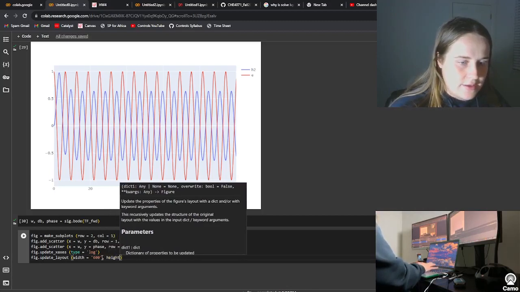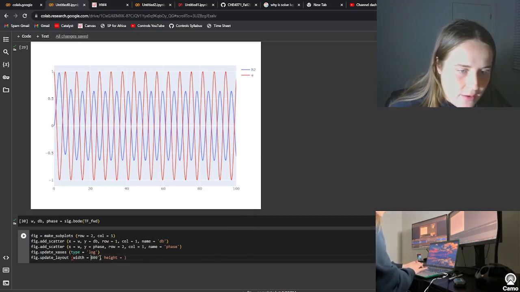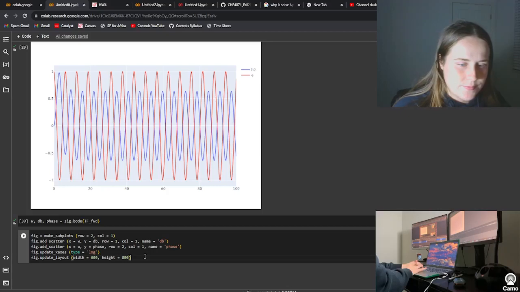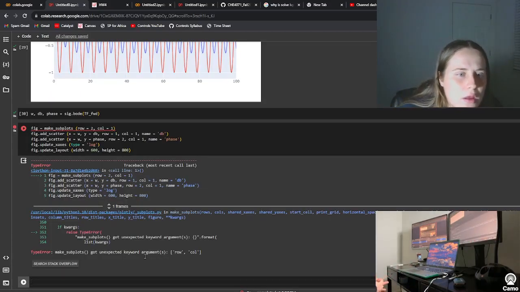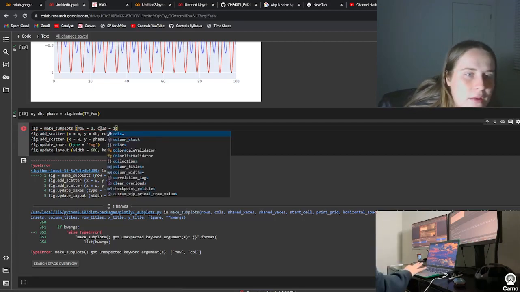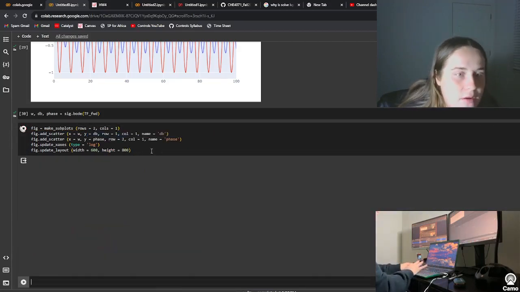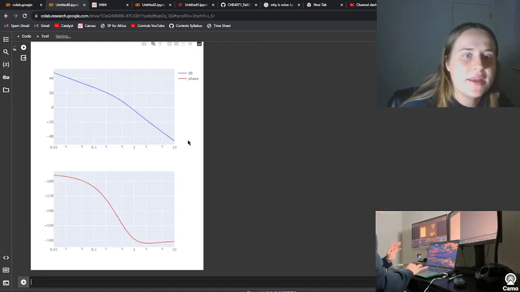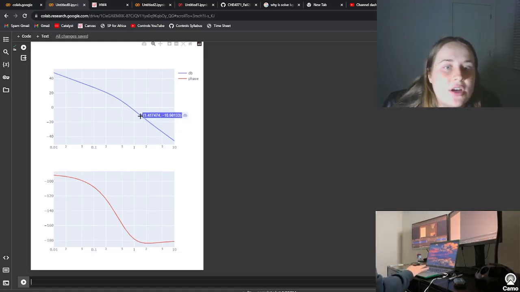And height equal to 800. I think these need to have S's. Okay, perfect. It's a little big, but this is the Bode diagram, and this is our dB, and this is our phase.